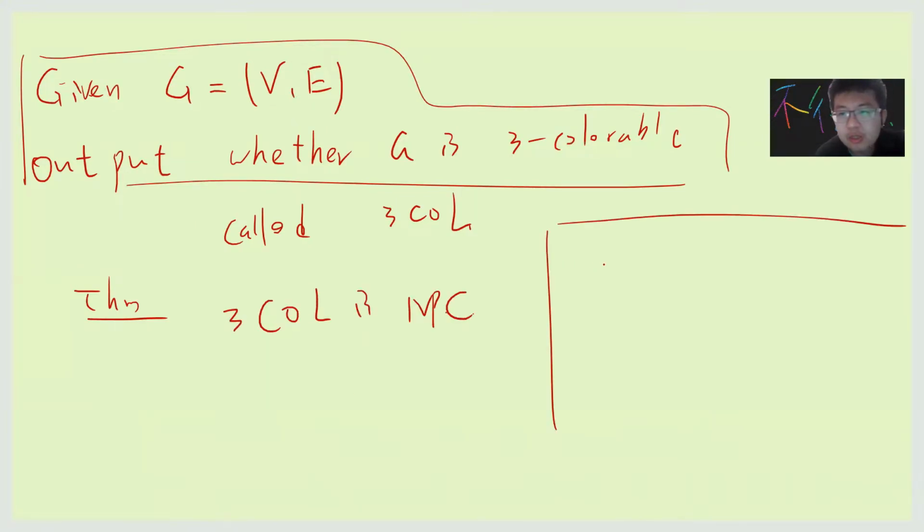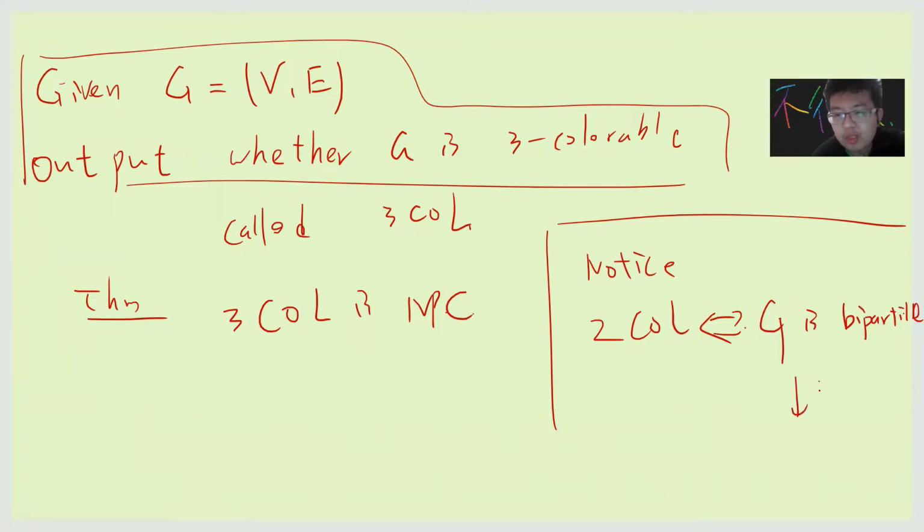Let me quickly note that asking whether the graph is two colorable is essentially the same as asking whether the graph is bipartite, which you can solve by BFS, breadth first search. This is polynomial time, basically order of n plus m, where m is the number of edges.